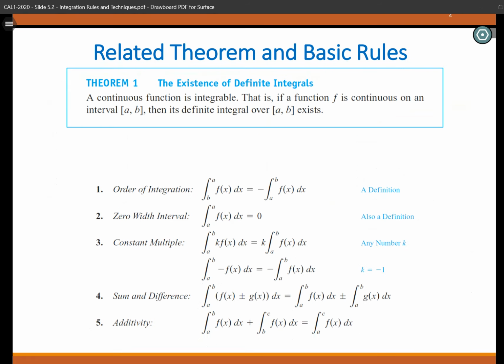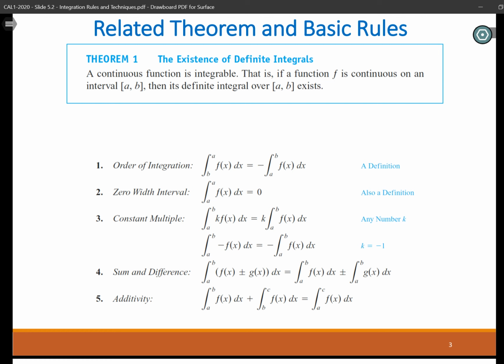Now this is about some properties regarding definite integration. Definite integration is the integration with a starting point and an end point. Definite, right? You know where it starts, you know where it ends, and this corresponds with the fundamental theorem of calculus number 2.